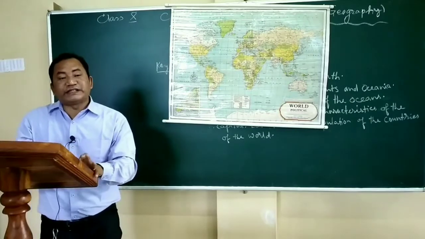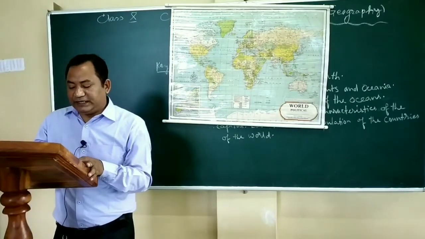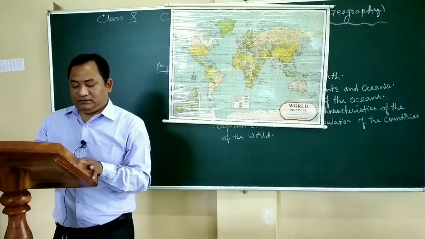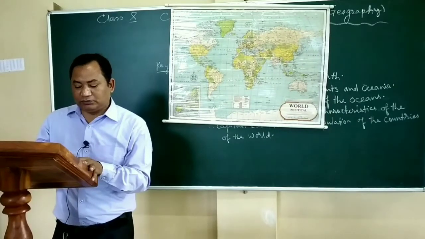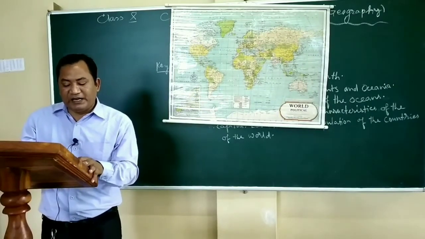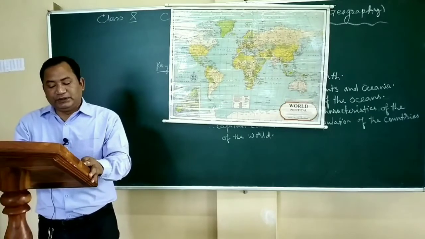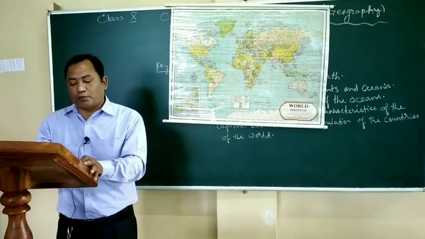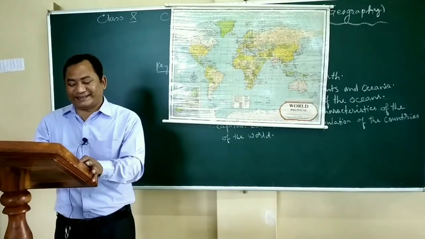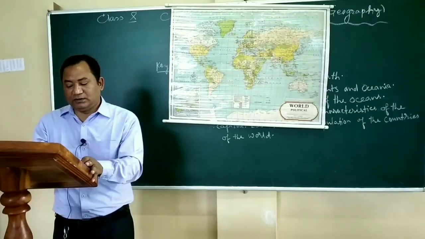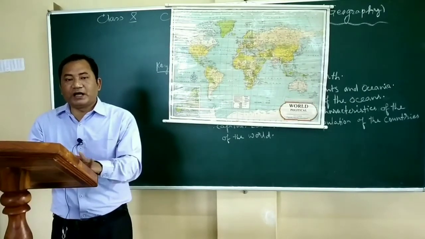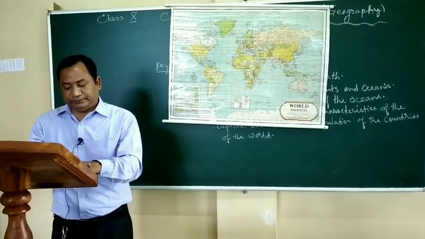So, according to this theory, in the early stage, that is about 300 million years ago, the Earth's lithosphere was together as a single landmass, which was surrounded by hydrosphere.